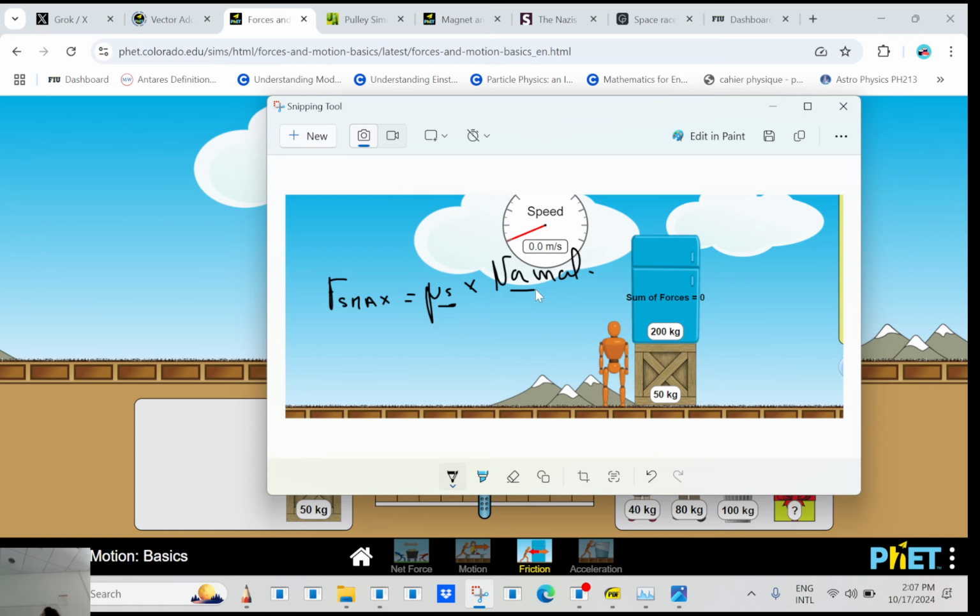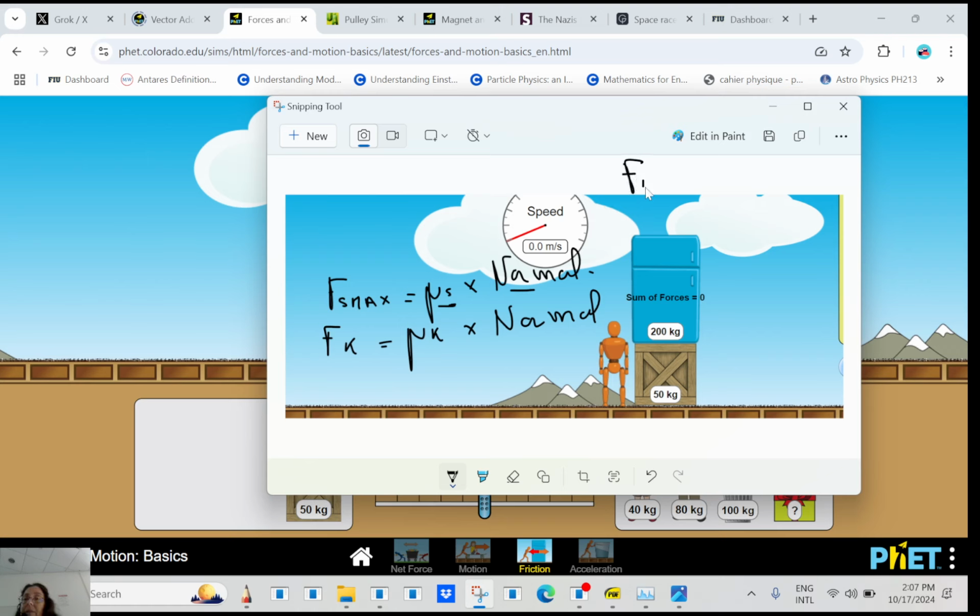And now it doesn't slide at all, because I'm pushing so hard the normal force is going to be huge. So it depends on the normal force. Now, the kinetic friction has the same expression, but the coefficient will be the kinetic coefficient, and you also have to multiply by the normal force.